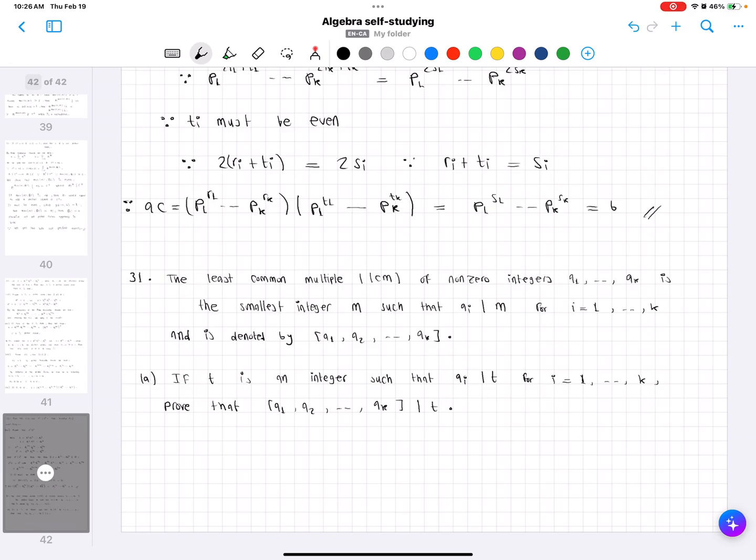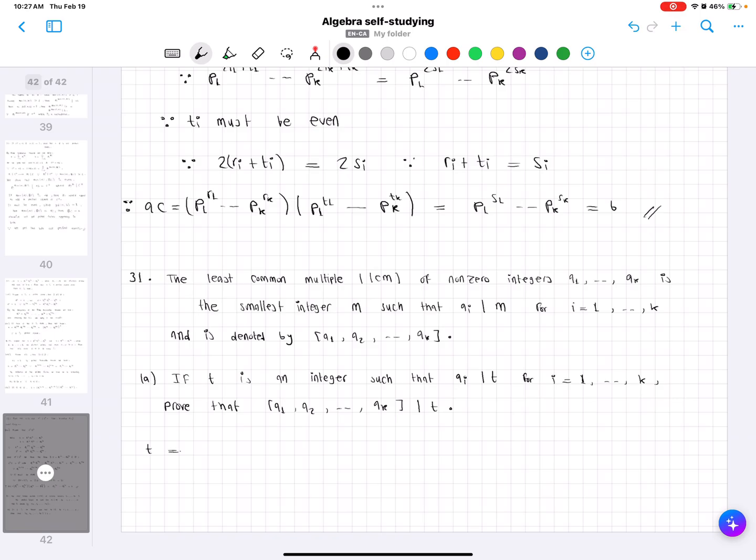So that means that any other multiple of those integers has that least common multiple as a factor. So let's prove it. You apply the division algorithm to t and the least common multiple.